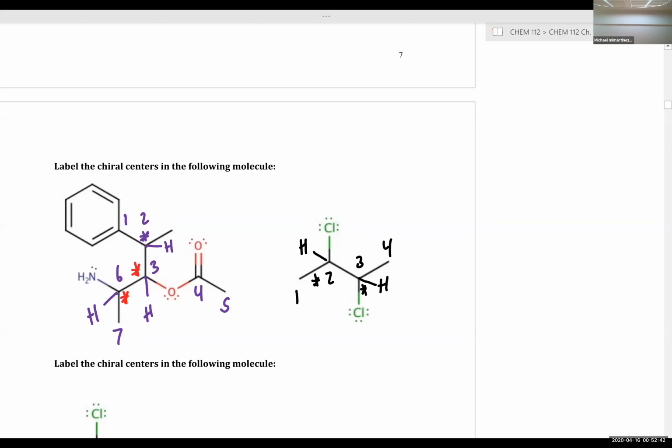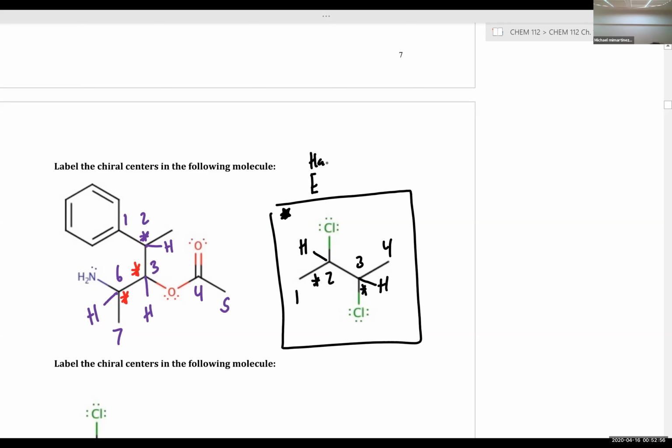That's exactly right. But what I want you to do is when you see molecules like this with a potential axis of symmetry, we're going to put a big star next to this one because this molecule has some exceptions. And we'll talk about this in the context of quote unquote meso compounds.